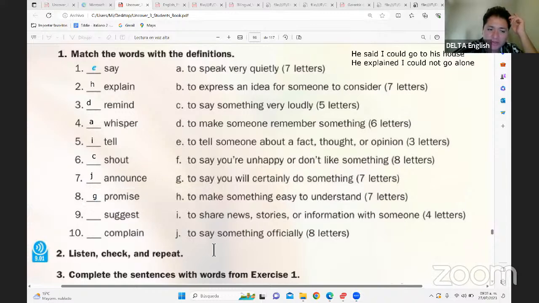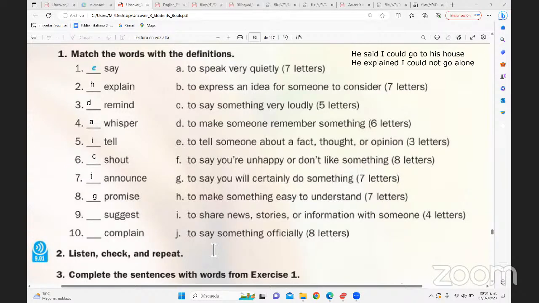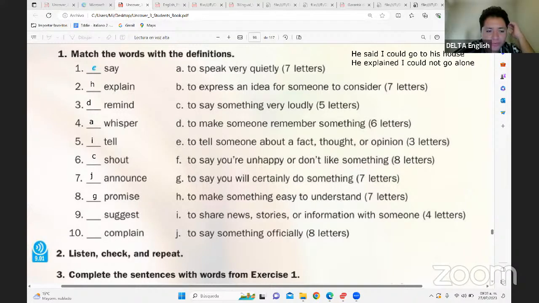Suggest. Suggest is like advice. B. Suggest, B, to express an idea for someone to consider. Very well. And finally, complain.